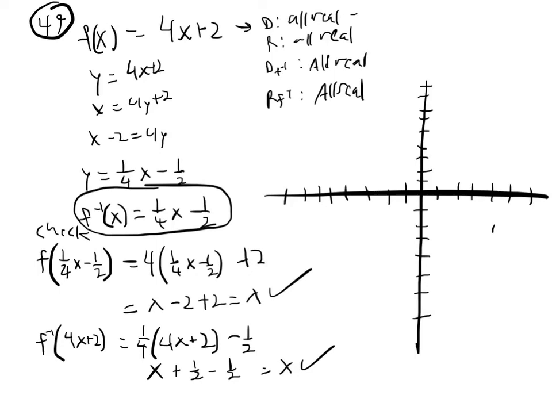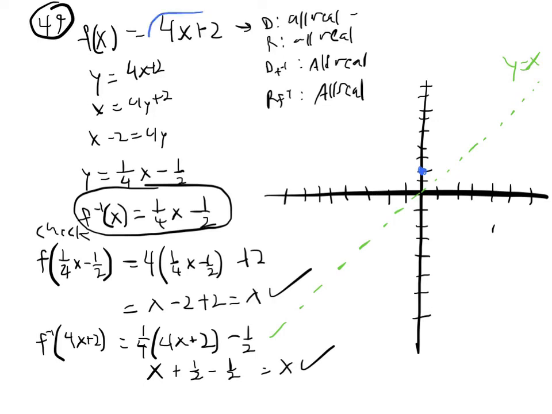Okay, so y equals x goes like this. Then our original function I'll put in blue. Our original function was 4x plus 2, so we're going to have a y-intercept at 2.